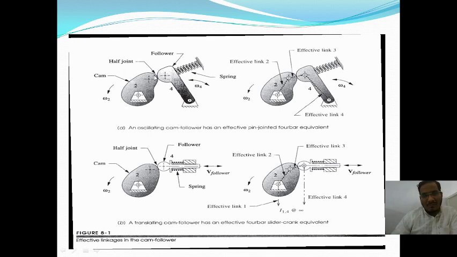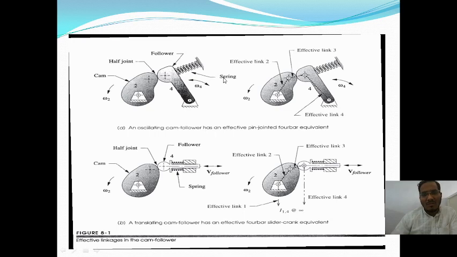The shape of the cam is such that one side is small and another side is bigger. So the small part of the shape of the cam, we say is the half joint, and then the cam follower. Effective link: the cam is attached to the camshaft in a fixed position. That is your effective link.